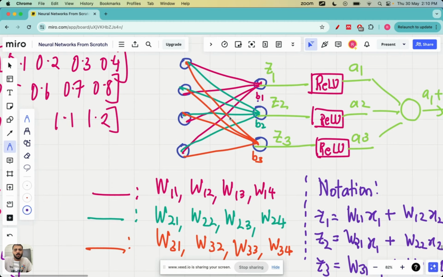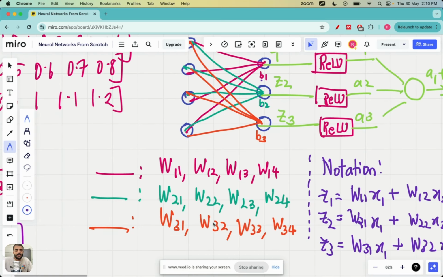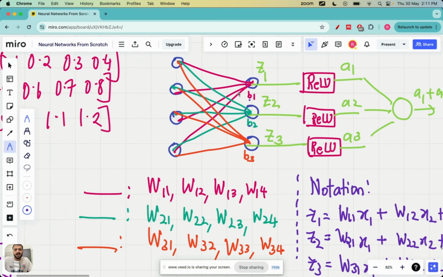The second neuron also has four weights associated with it, which are W21, W22, W23 and W24, and the bias associated with the second neuron is B2. The third neuron again has four weights associated with it, W31, W32, W33 and W34, and the bias associated with the third neuron is B3.